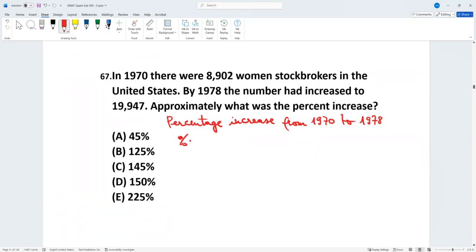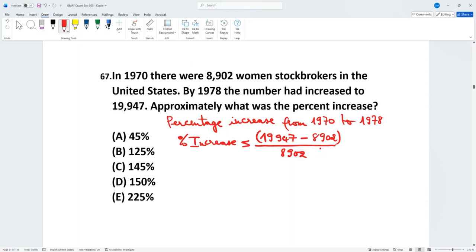So I will simply say percentage increase is equal to, in 1978, we're going to have 19,947 minus 8,902 divided by the number of women stockbrokers in 1970. Okay, that is 8,902.